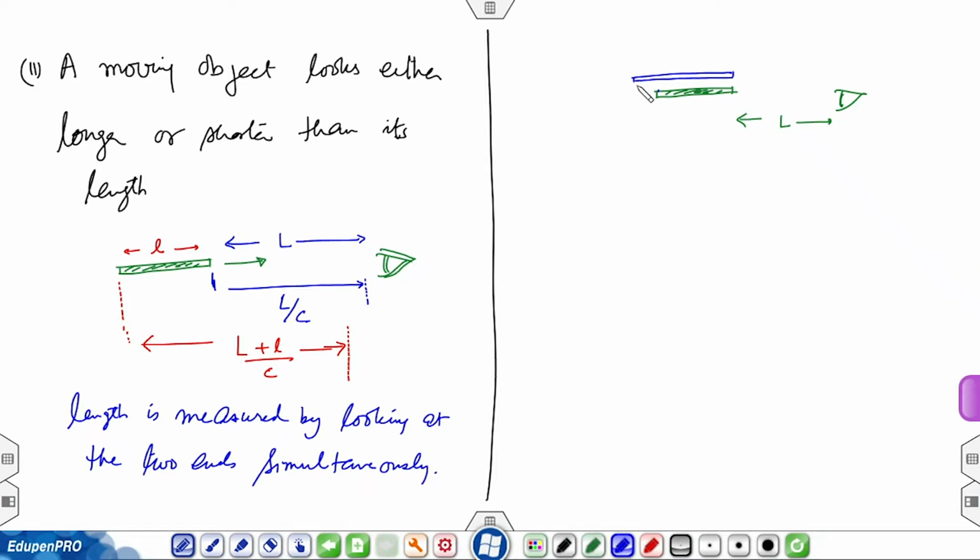So, if it leaves a little earlier, let us say by time delta t. What is the condition? The condition is that this light pulse should reach the front end when the light pulse starts from here.